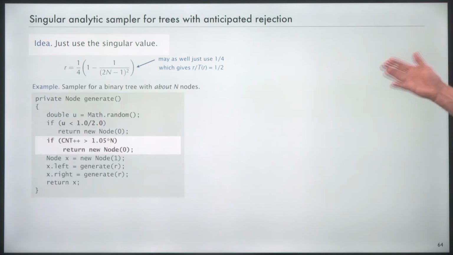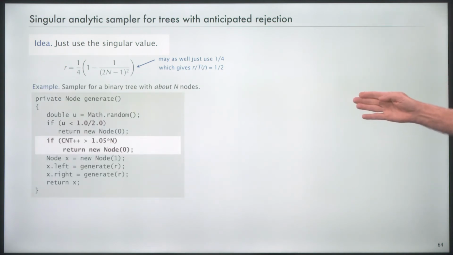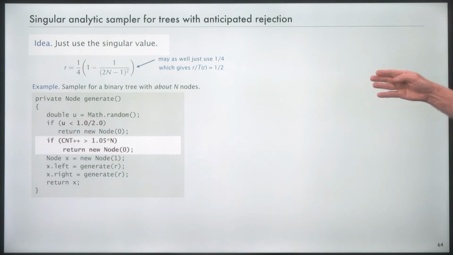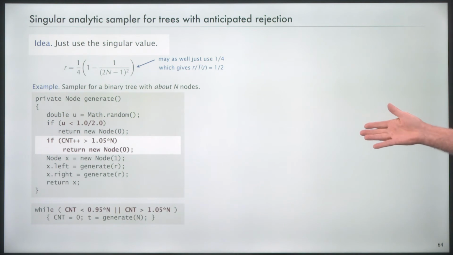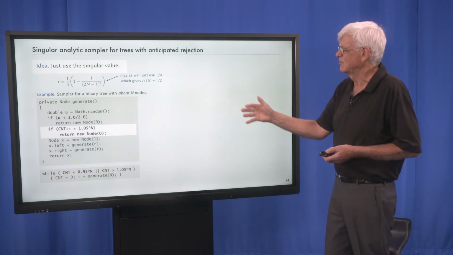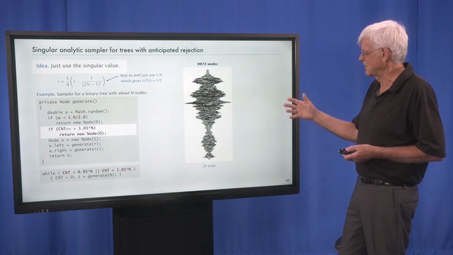And then we just use anticipated rejection to make sure that we don't get that huge tree. And then when we generate, we just look for a tree inside the target range. And again, with those two changes, it's going to be linear time.